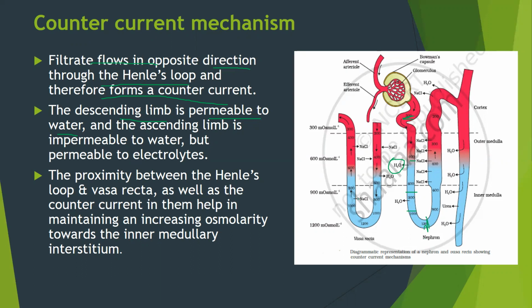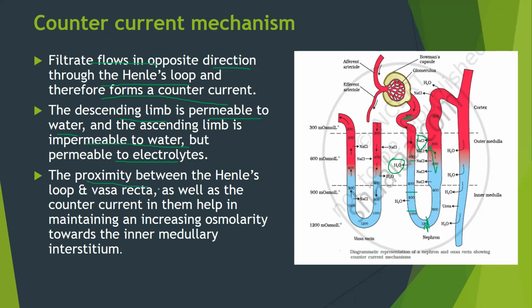Now, the ascending limb is permeable to electrolytes, whereas it is impermeable to water. So it starts reabsorbing NaCl, and as the fluid moves upward, the osmolarity again reduces, because the NaCl moves out of the ascending limb.